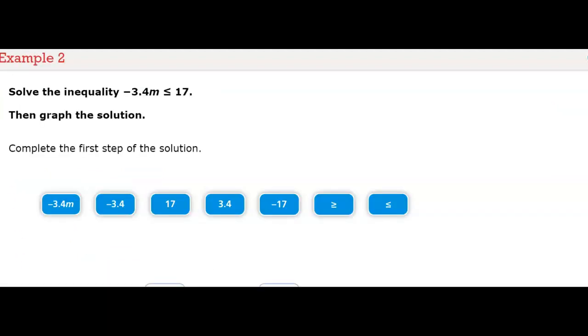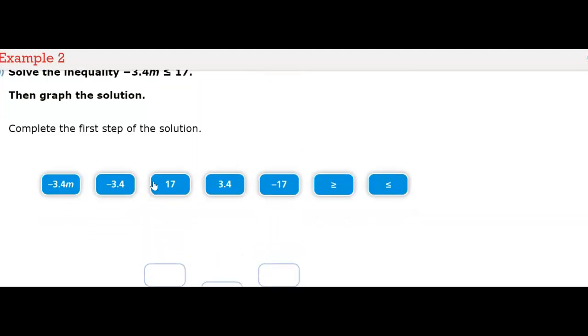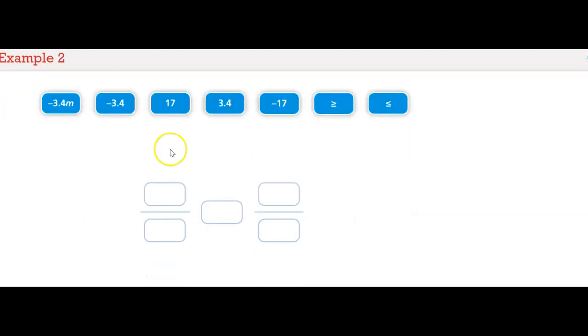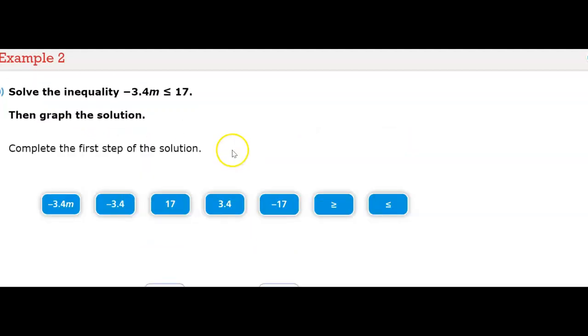Solve the inequality negative 3 4/10 times m is less than or equal to 17. Then graph the solution. The first step would be doing the inverse of multiplying by negative 3 4/10. So we would divide by negative 3 4/10 on both sides of our inequality.